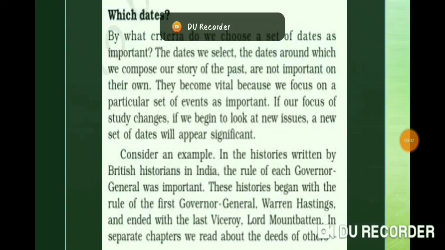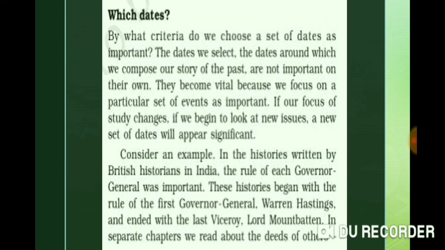Now students, let's consider a good example here. Most of the history in India was written by British historians. Why? Because they were the rulers and they were highly educated. These historians began their writing with the rule of the first Governor General, who was Warren Hastings, and ended with the last viceroy, Lord Mountbatten.